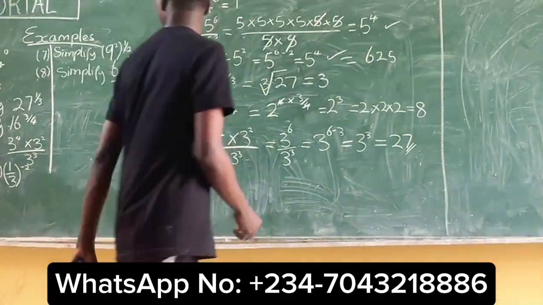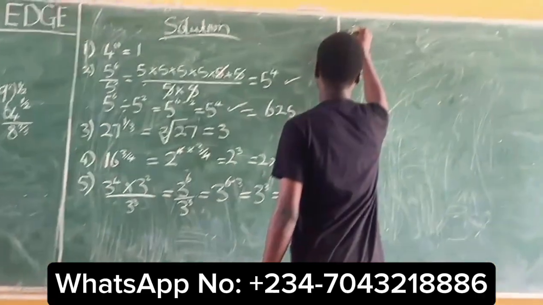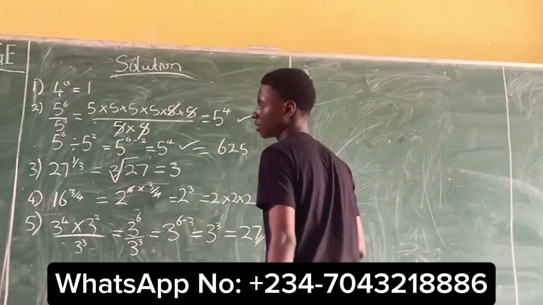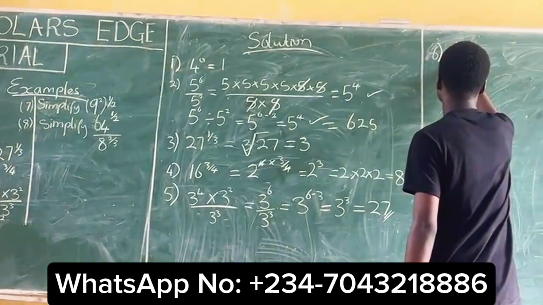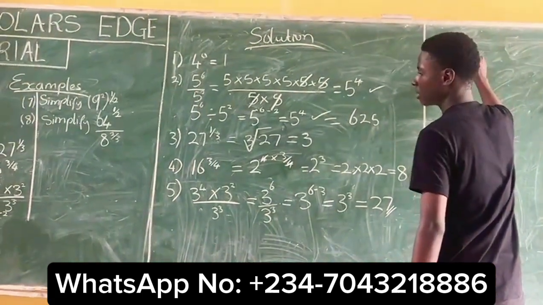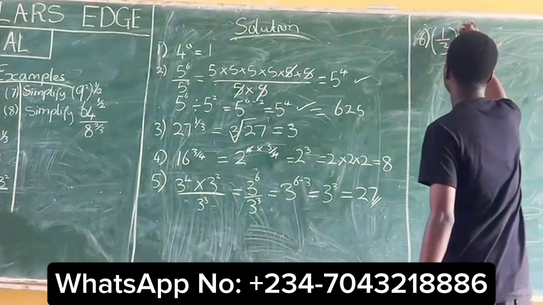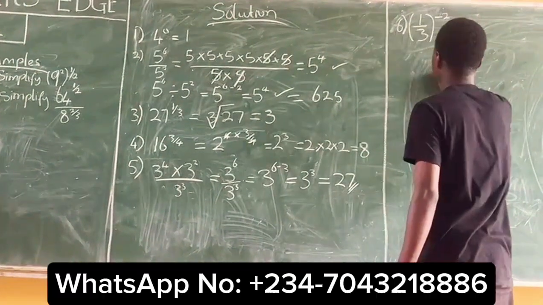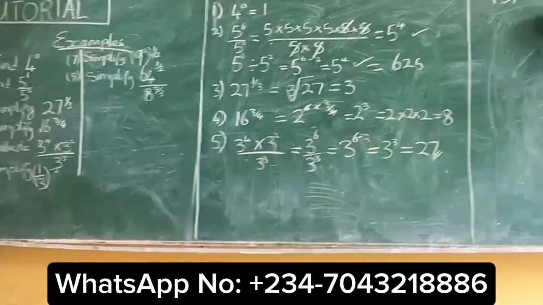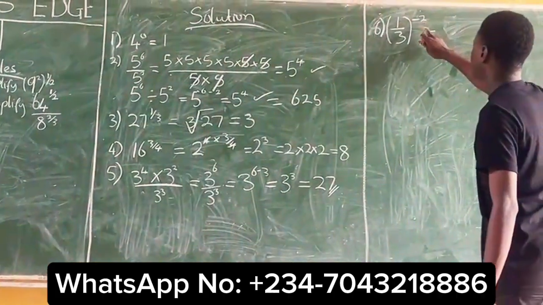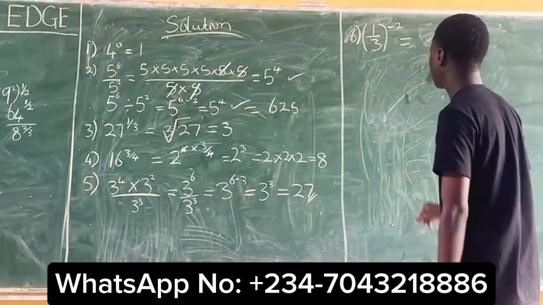Now, solving for number 6. Number 6 is 1 over 3 to the power of minus 2. Now, how do we solve this? So, this is under the negative index law.